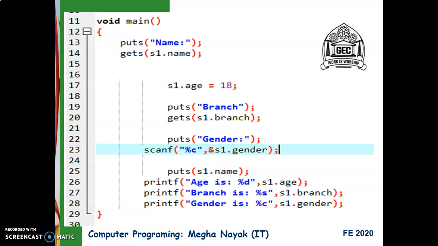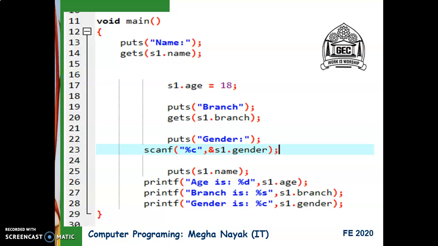If I need to access student 1, which I said in my previous case I'm referring to as S1, I use the structure variable S1 and say dot. When you say dot, in your editor you're going to get a pop-up. From there you select whichever member you want to access.